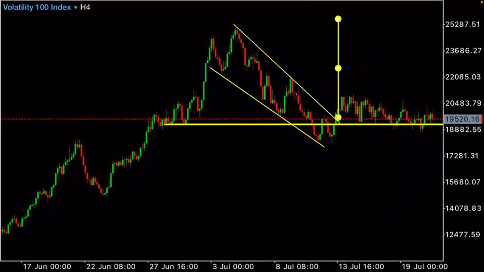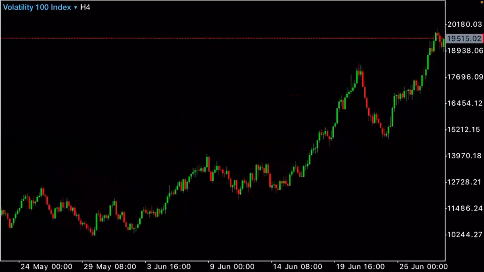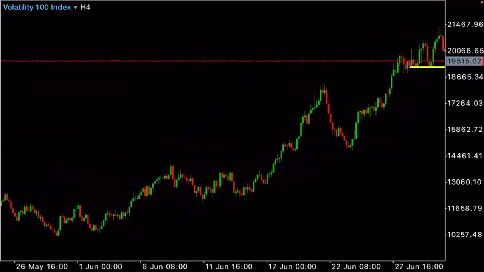Let me prove to you on this pair. Let me prove to you something that is very crazy about the returns, by just risking a small amount of money.